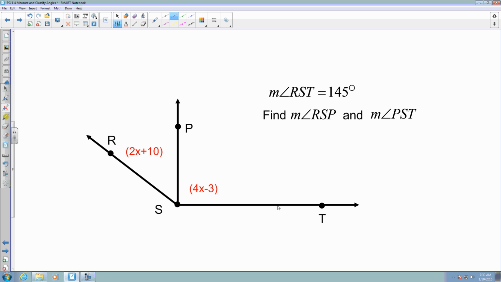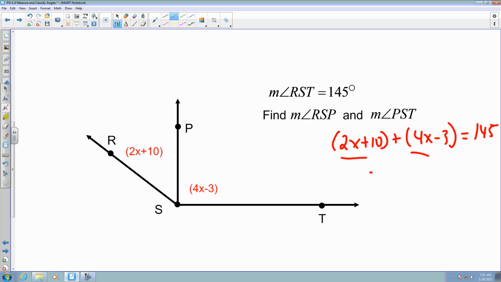So when we apply the angle addition postulate to this problem, it's telling us that RST equals 145 degrees, and they're asking us to find the angles RSP and PST. Because of the angle addition postulate, I know that 2x plus 10 plus 4x minus 3 is going to equal 145 degrees.